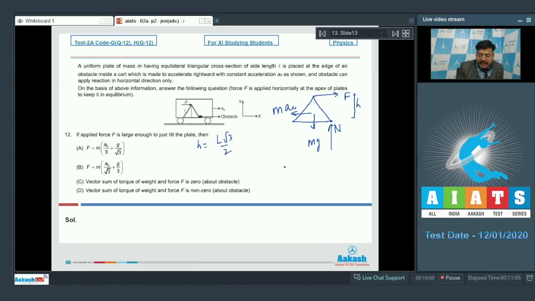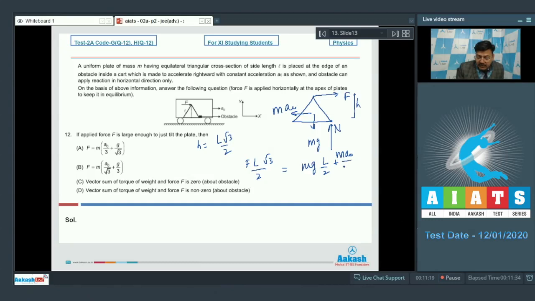So we have, in the clockwise sense, the torque by F. So F into L root 3 by 2 is equal to mg L by 2, this length is L by 2, plus ma0, and this height is 1 by 3 of L root 3 by 2.